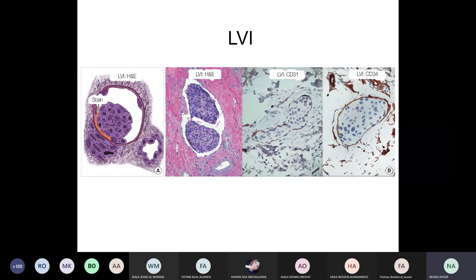This also implies worse prognosis. Although we do not consider lymphovascular invasion a very strong factor, it is still considered a bad prognostic factor. Why? Because this means the potential of these cells to invade is high, so their metastatic potential could be high. So the presence of lymphovascular invasion is bad.